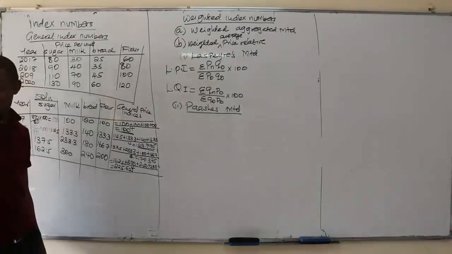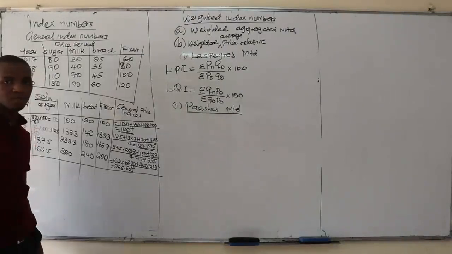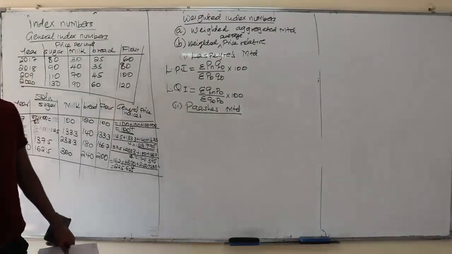Say this method uses the weights of the current period values.